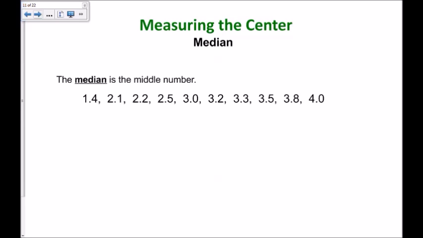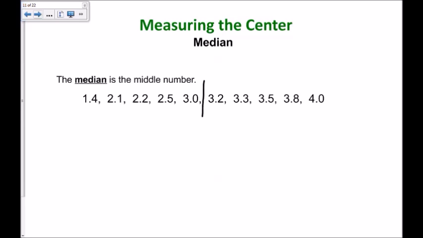Now the median is the middle number. There are 10 points here, and so the middle number is not going to be the 5th one. The middle number will be between the 5th and the 6th, because on both sides I have 5 data points. If there is a middle number, like if I had 9 or 11, then I would just simply pick the middle number.